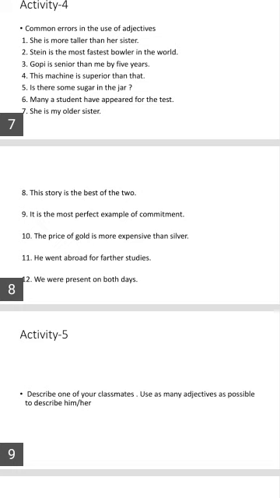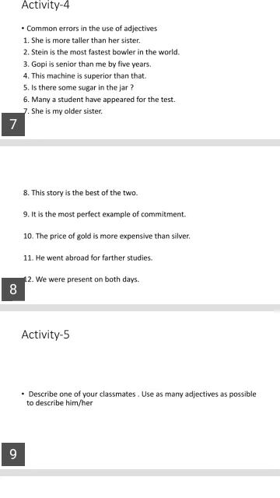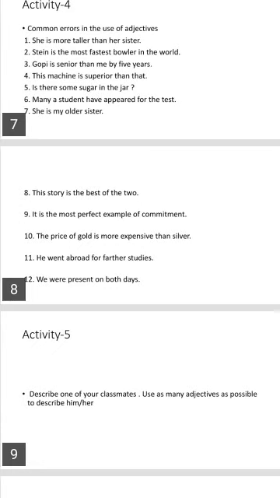No, there is no sugar in the jar. So the correct sentence is, in place of some, use any, because some conveys positive meaning, affirmative. Any conveys negative meaning. Is there any sugar in the jar?